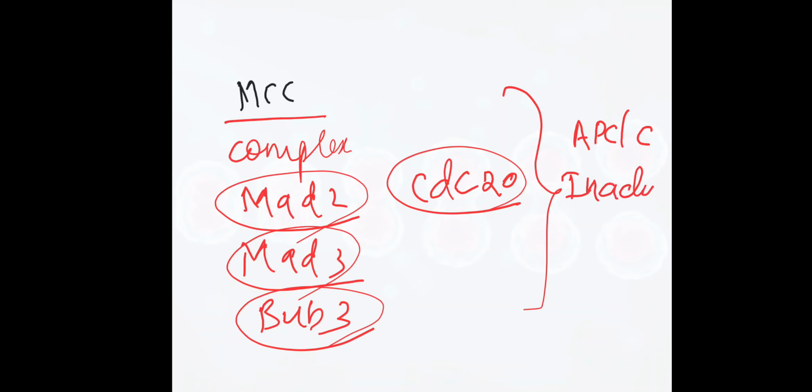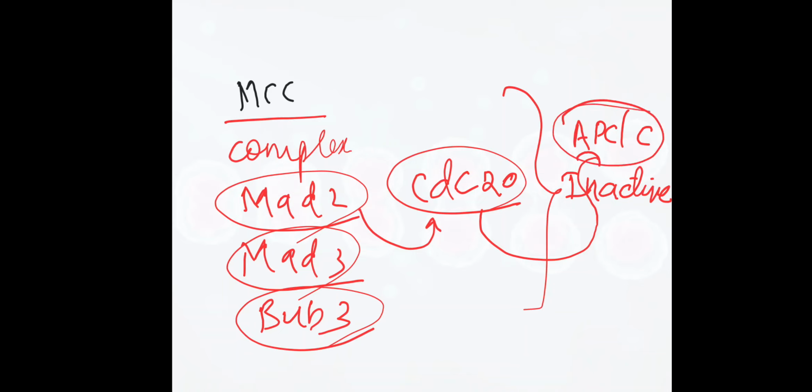If the MCC is formed, APC-C is inactive. The MAD2 in the MCC prevents CDC20 from binding with APC-C. MAD2 associates with CDC20 and makes it busy, so that it cannot bind and activate APC-C. Why is APC-C inactive here?